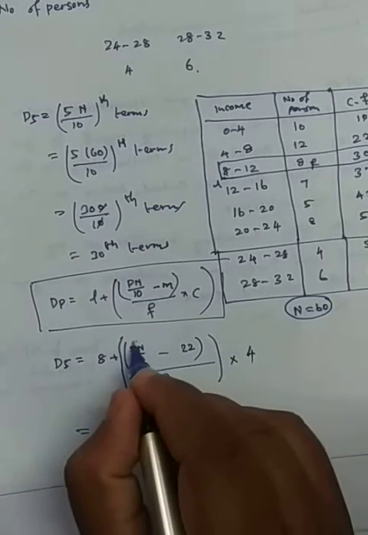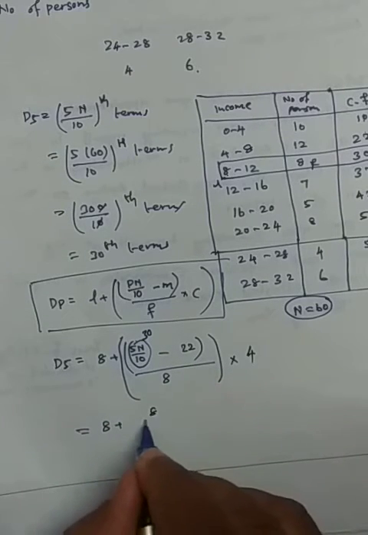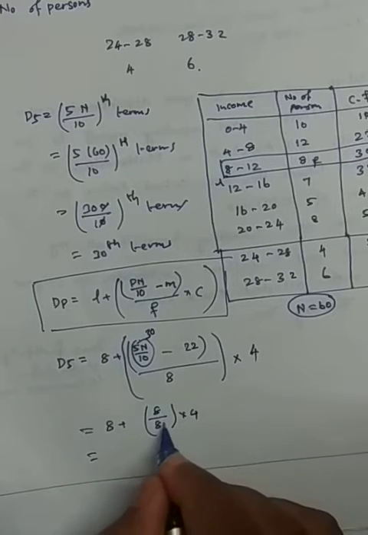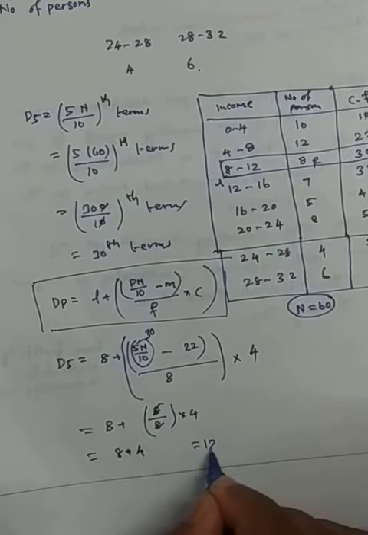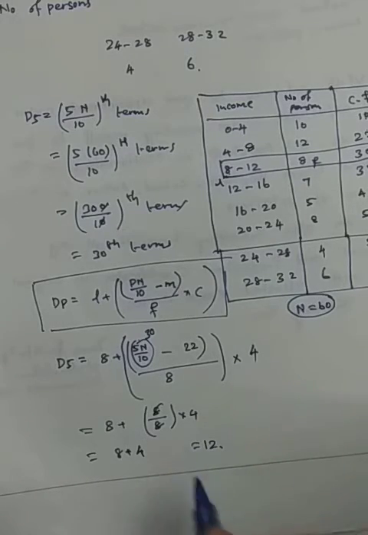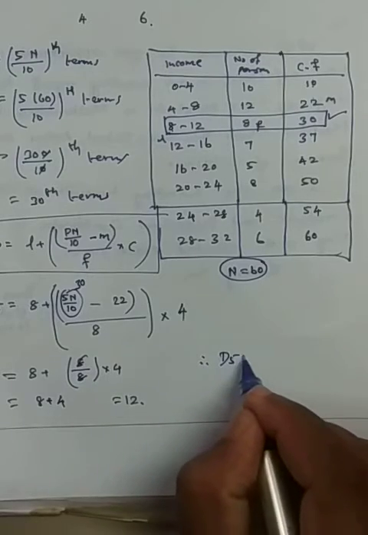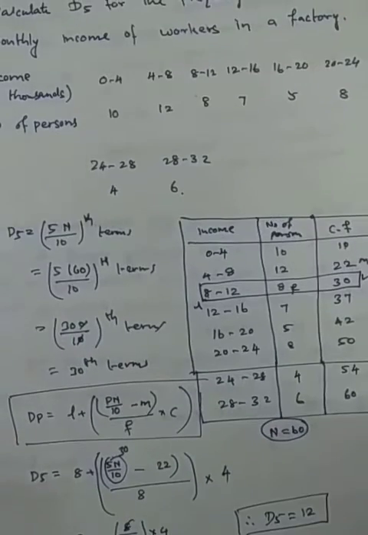So 30 minus 22, that is 8 by 8 into 4, so it gets cancelled. 1, so 8 plus 4, we are getting 12. The answer is 12. Therefore, the D5 value is 12. That's the thing we need to do here.